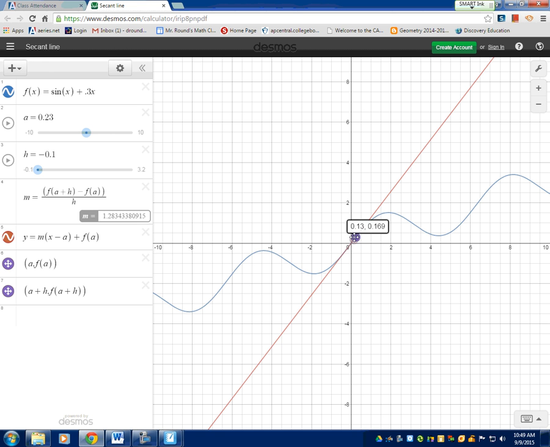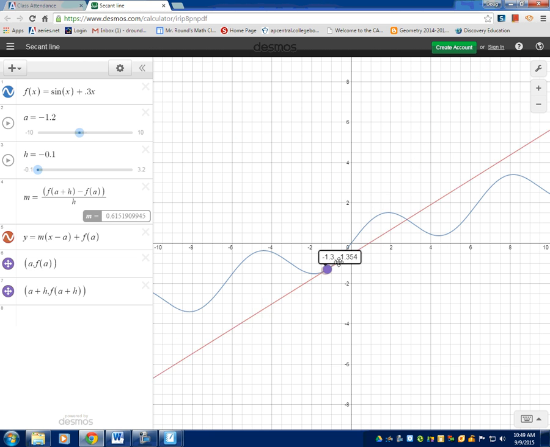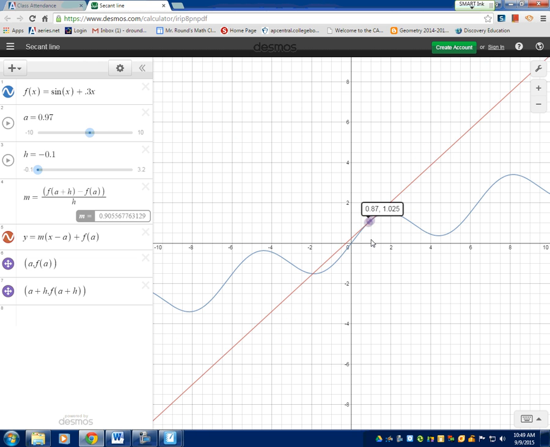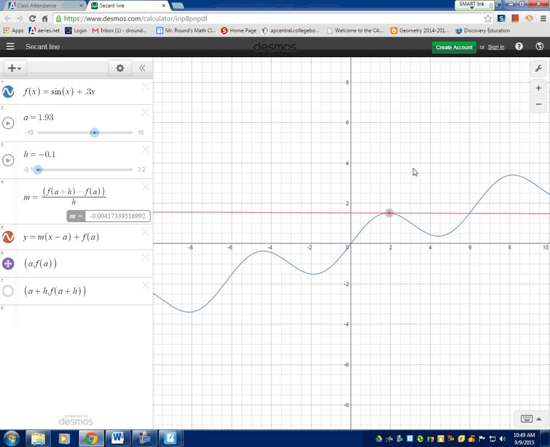But now we have those two points together. Remember how to separate them out. So there's my tangent line. What you can see here is the tangent line. There's an instantaneous rate of change of about 0.